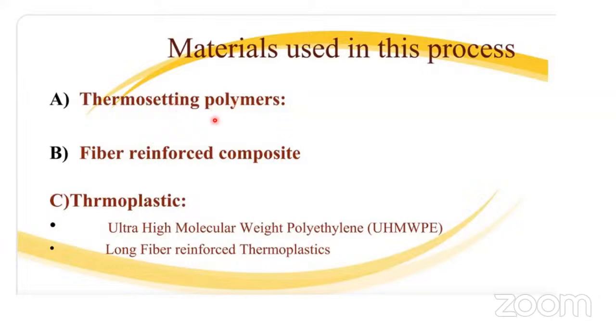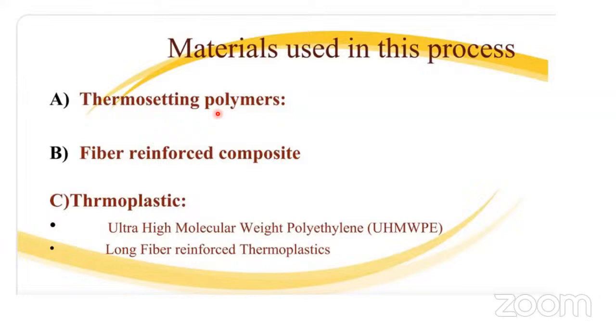If you see amino resins, we are using urea formaldehyde and melamine formaldehyde. These are the two amino resins. The third one is epoxy resin. We can also use epoxy resin for this process.